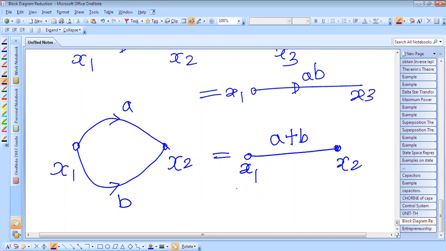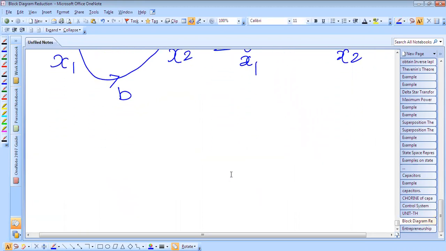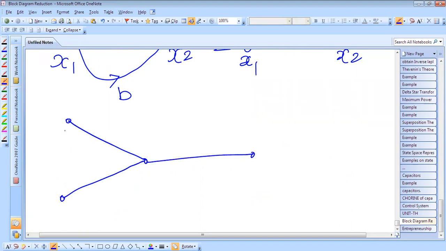Next, a mixed node may be eliminated. If there are some mixed nodes, they may be eliminated. How do we eliminate a mixed node? Suppose like this: here it is x1, this is x2, x3, and this is x4.